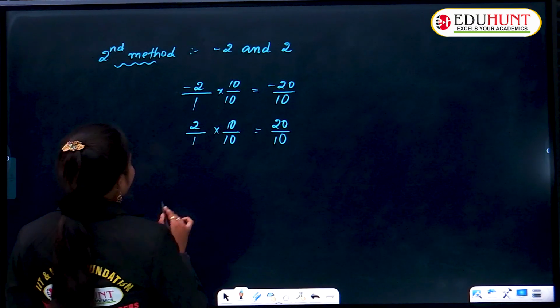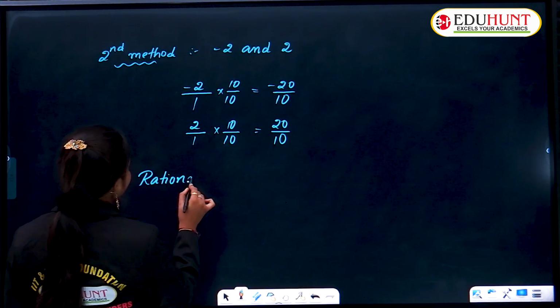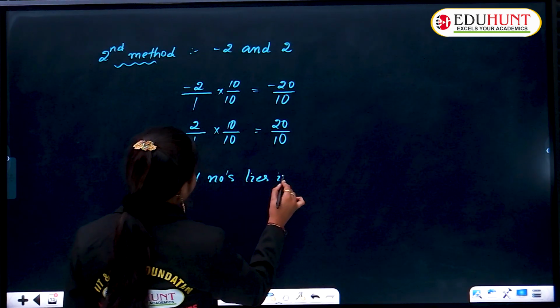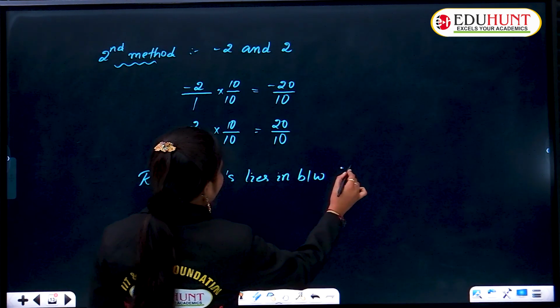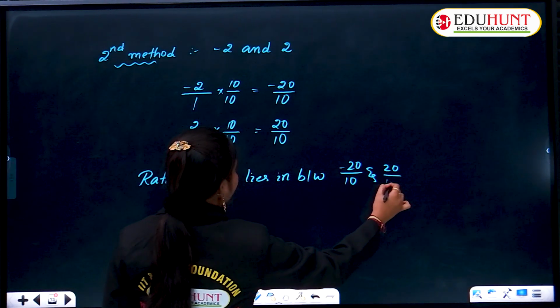Now the rational numbers that lie in between minus 20 by 10 and 20 by 10.